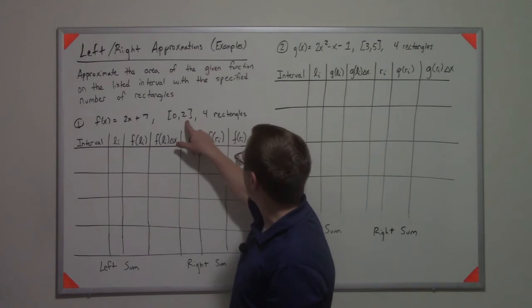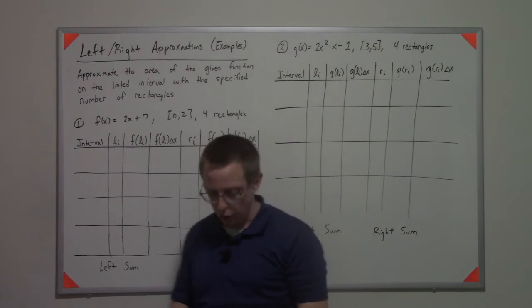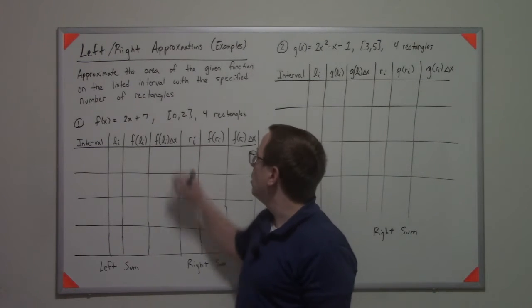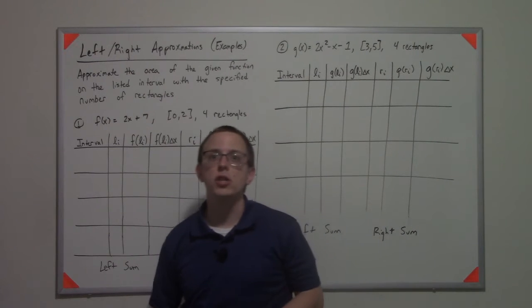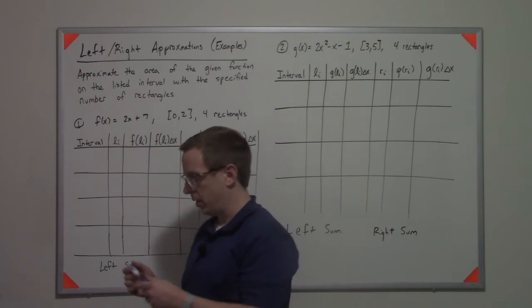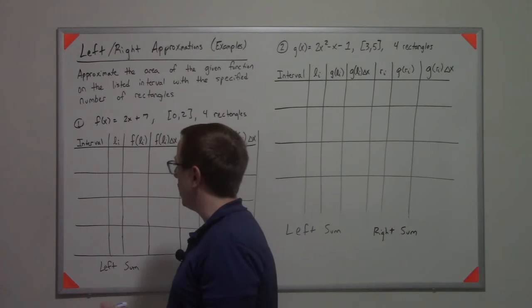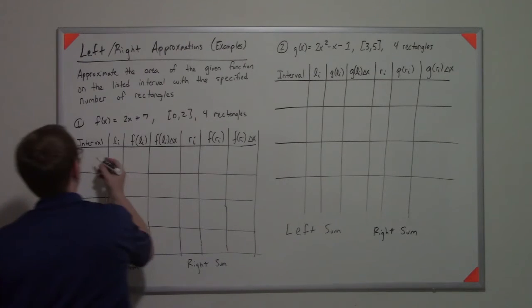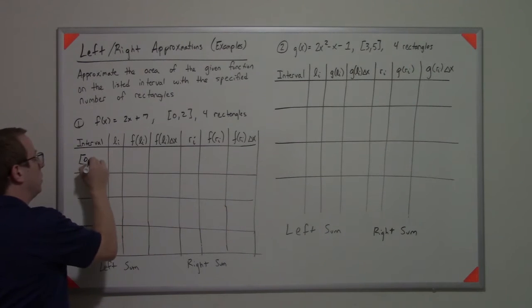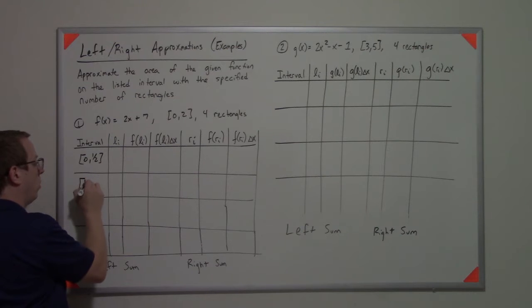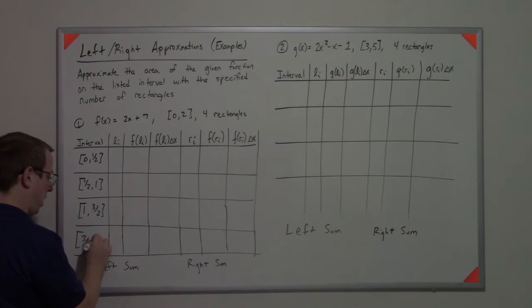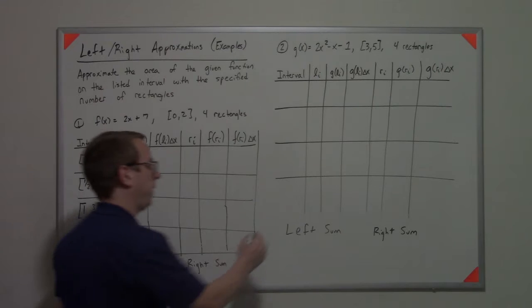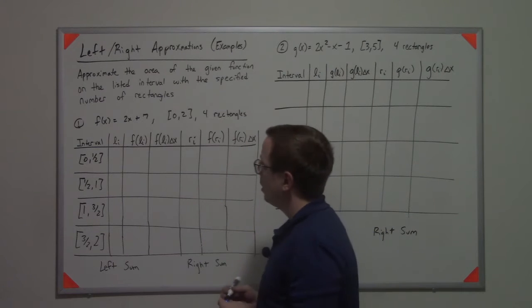If we're splitting this into 4 rectangles, we have to split this into 4 evenly spaced subintervals. Well, the width is 2. So if I divide that by 4, each subinterval has width of 1/2, giving us the intervals 0 to 1/2, 1/2 to 1, 1 to 3/2, and 3/2 to 2.